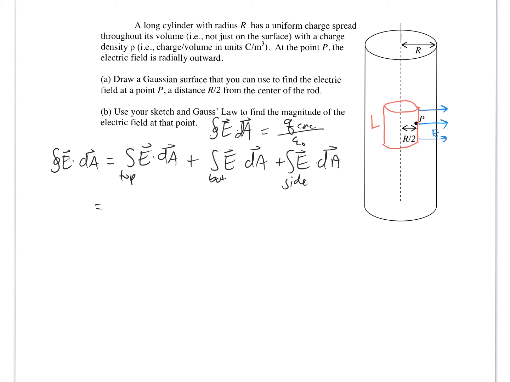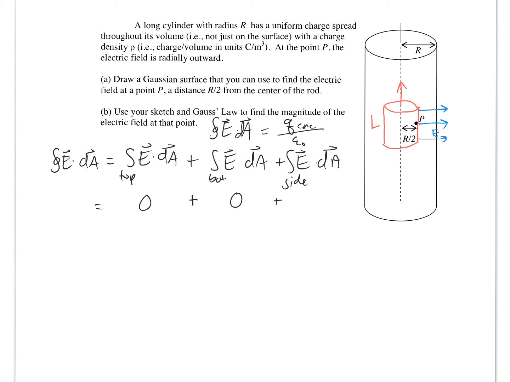At the top here, our area vector A points upward, whereas our electric field points radially outward. So E dot A is going to give us an electric flux of 0. That dot product comes into play. So for the top, we wind up getting an electric flux of 0. And likewise, we get the same thing for the bottom, an electric flux of 0.